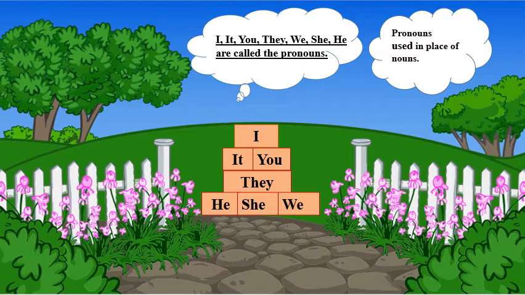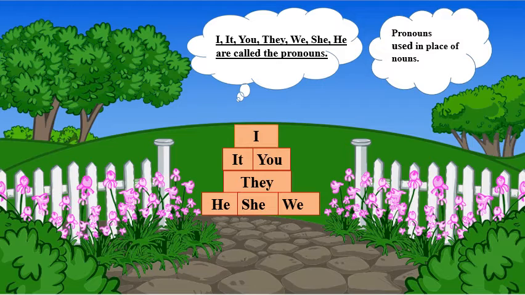Afterwards, I will place a big brick, they. Then I have put 3 bricks, he, she, we. So the students, I, it, you, they, we, she, he are called the pronouns.